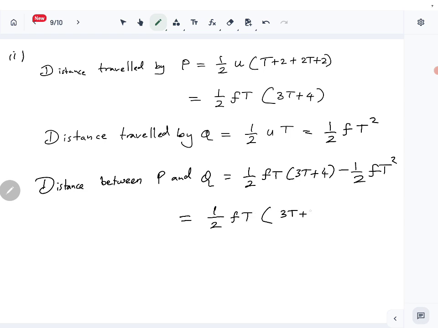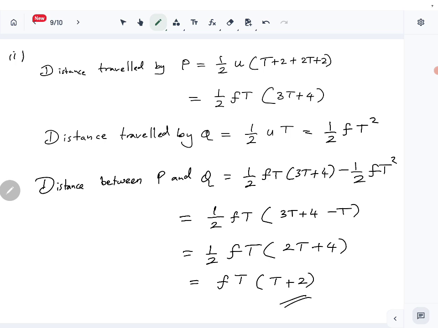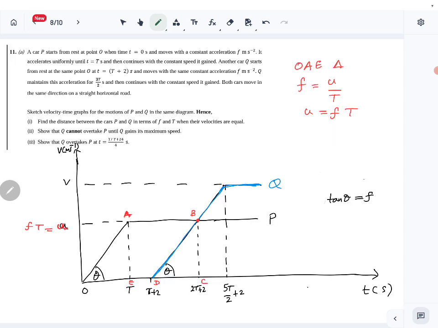So 3T plus 4 minus T, half fT times 2T plus 4. Then we can cancel the 2 with the half, fT times T plus 2. That is the distance between P and Q when the velocities match. So that part is done.